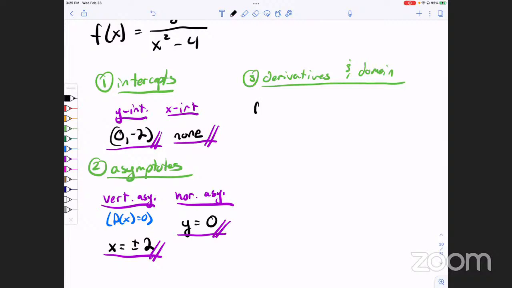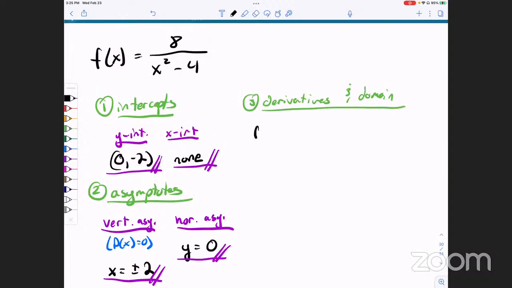So again, for the sake of space, I'll just hop into f prime. I'm going to use low d high minus high d low over low low. So the bottom, which is this guy, times the derivative of the top; the derivative of 8 is 0.